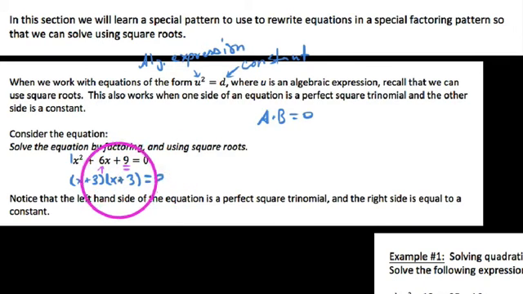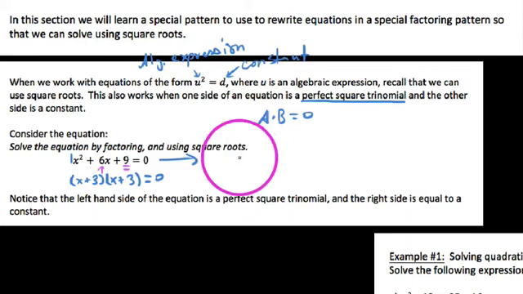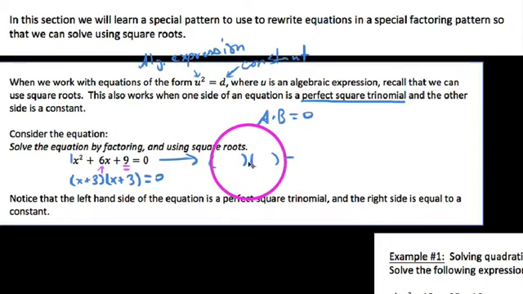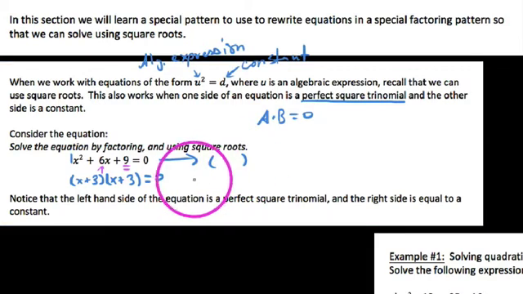So you notice we get the same answer twice, but the thing I want to point out here is that this is what we refer to as a perfect square trinomial. And we can tell that this is a perfect square trinomial because the first and last terms of our FOILed product here are perfect squares.